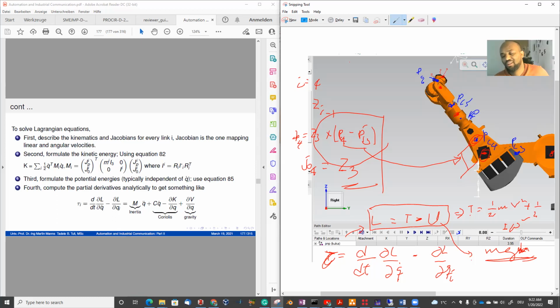Actually, you don't have to be exam oriented. You have to focus more on understanding. Exam is second. For me now, the first thing is to let you understand the concept behind the magic behind a robot. The second is the exam.